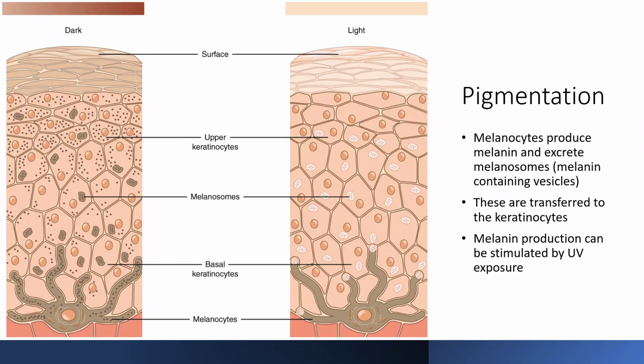Well, melanosomes are something that are undergoing exocytosis from the cells themselves and are stimulated to produce those melanosomes by exposure to UV light. And so the more UV light exposure you have, the more melanin your melanocytes will produce because melanin has a protective effect to reduce the UV radiation damage to the skin.